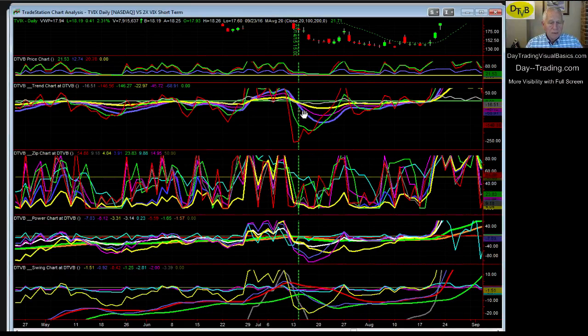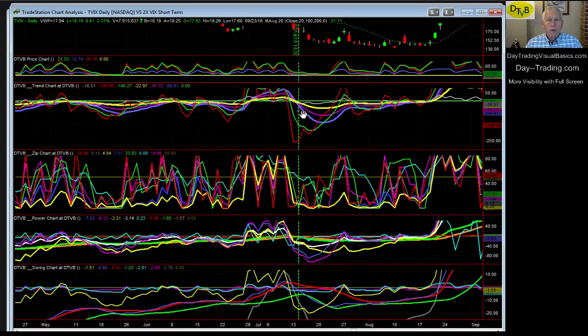And yesterday, the day before this green vertical line, the trend trio, yellow, pink, blue, crossed under the zero line. And so it's really not normal for the trend red to go into an uptrend the day after it crosses under the zero line, because the trend trio lines are slow moving lines and they don't react.